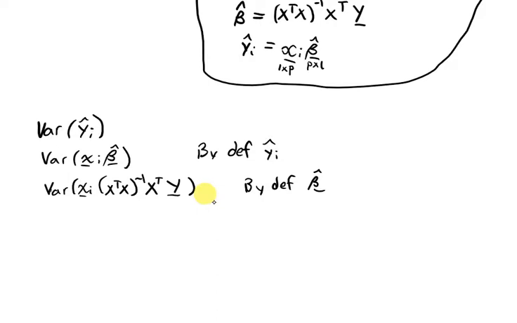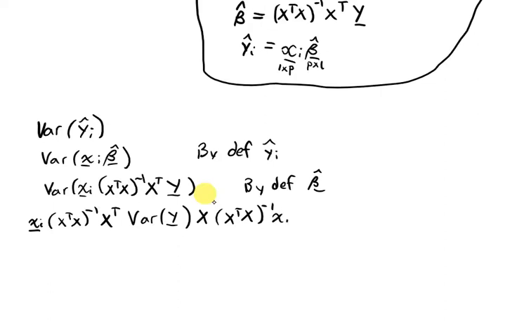Recall your variance rules. When you pull out a constant, you actually square it. But since we're using vector notation and linear algebra, we're going to have to manipulate the problem a little bit. So I'm going to pull out values: x_i times x transpose x inverse times x transpose, the variance of y bar, times x transpose x inverse x_i bar transpose.